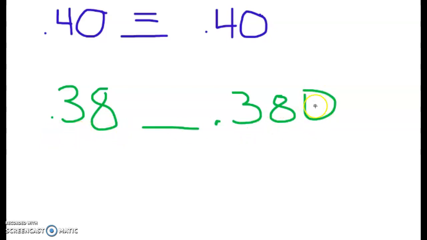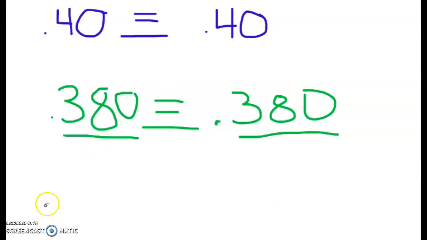If you look right here, if you cover up that 0, it's the same 38/100. That 0 does not change the value of the hundreds and the tenths place. So I can add a 0 here so that we have the same place values: tenths, hundredths, thousandths, tenths, hundredths, thousandths, and you can see that they again are equal.